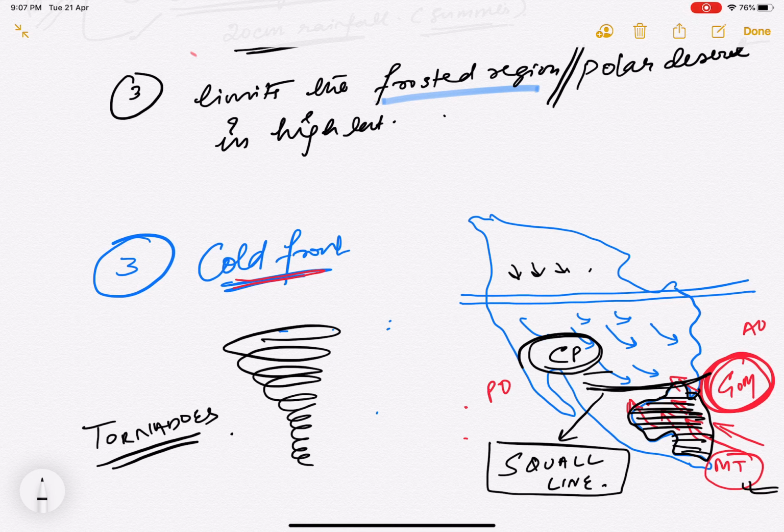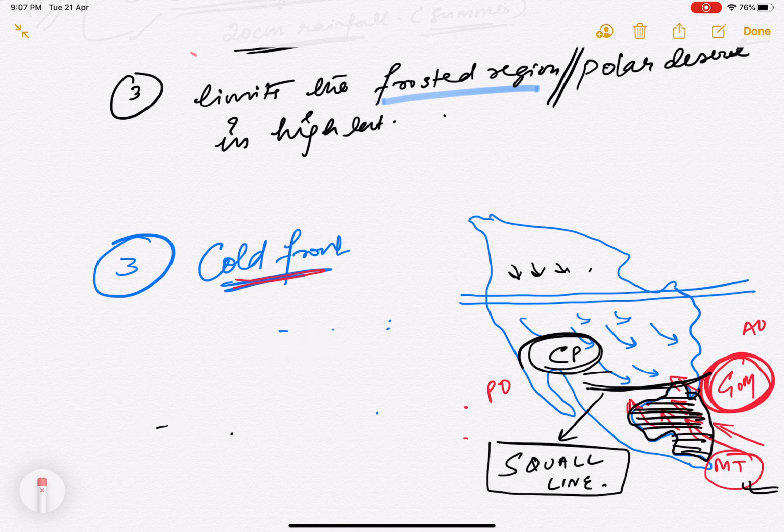So with respect to the cold front, what do we get? Number one, intense precipitation, meaning more precipitation in less area. No, see, writing more precipitation in less area is wrong. Please wait, let me frame the statement for you.